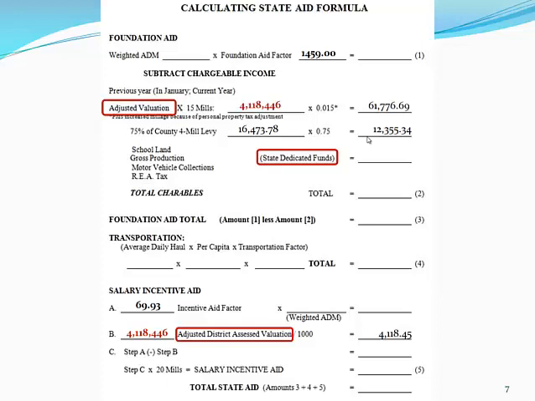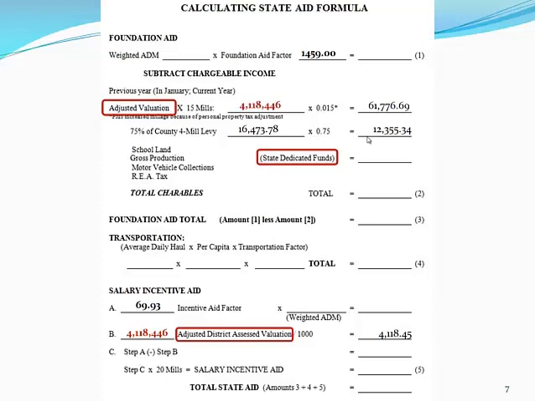The bulk of this money for those districts that receive it really comes from gross production. And what we're talking about here is districts that have a lot of gas and oil in their district. The tax money from that goes to the state dedicated funds as gross production tax.